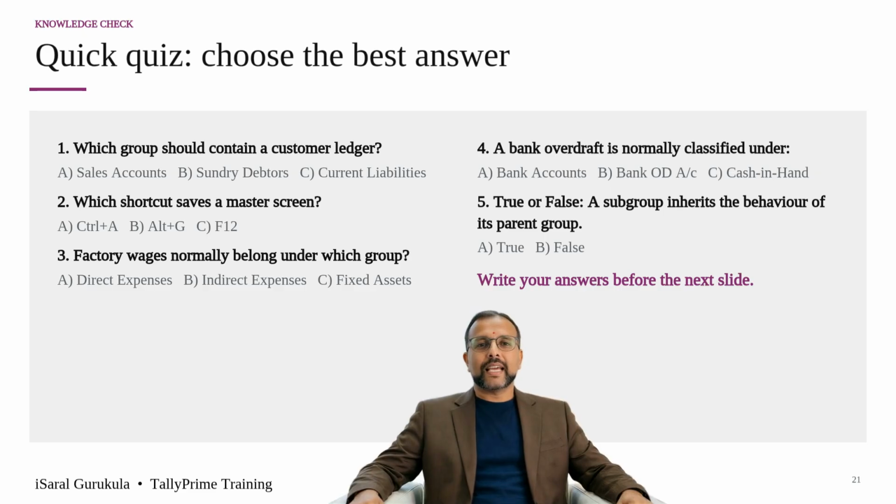Direct expenses, indirect expenses, or fixed assets? 4. A bank overdraft is normally classified under bank accounts, bank OD account, or cash in hand. 5. True or false? A subgroup inherits the behavior of its parent group. Take a moment and write down your answers. We'll review them on the next slide.